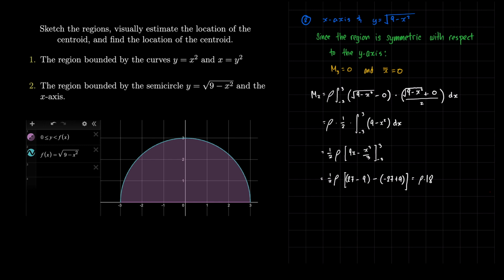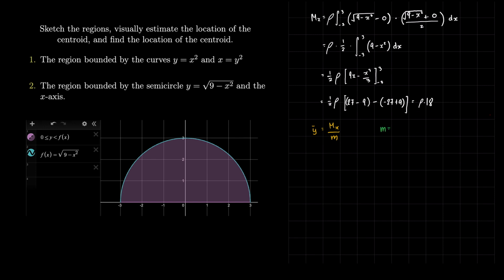So the y-coordinate of the centroid is M sub x over the total mass m na hindi pa pala natin na co-compute. So the total mass m is equal to the density times the area of the region. So instead of doing integration, gumamit na lang tayo ng geometry para isolve yung area nitong semi-circular region.